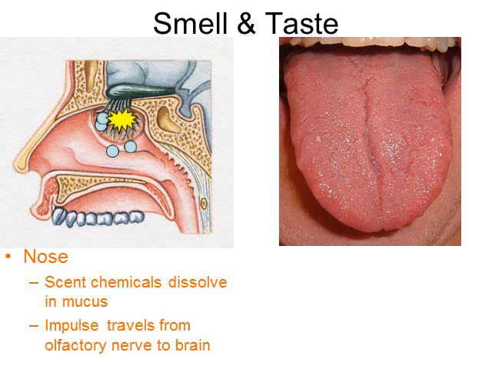What happens is when you inhale them, those molecules dissolve in the mucus in your nose. And then those molecules cause impulses to be created. You have chemical sensors in your nose called chemoreceptors.